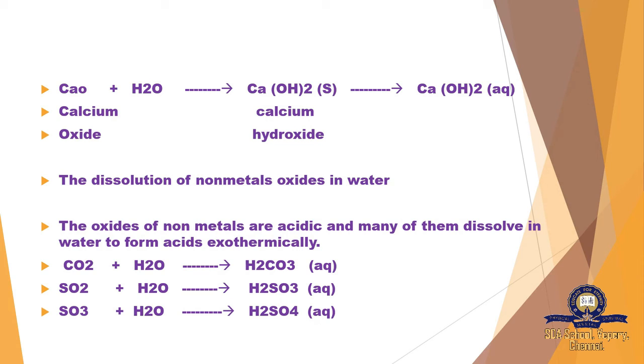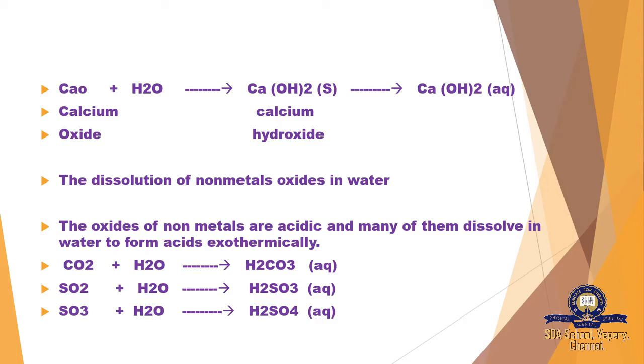So the metal oxides dissolve in water and form the corresponding hydroxide. But in the case of non-metal oxides, while reacting with water, they form the corresponding acid. Here carbon dioxide is reacting with water to form H2CO3. It is nothing but carbonic acid.